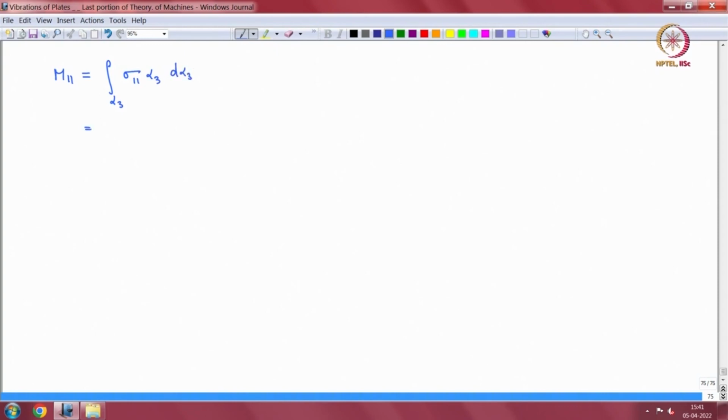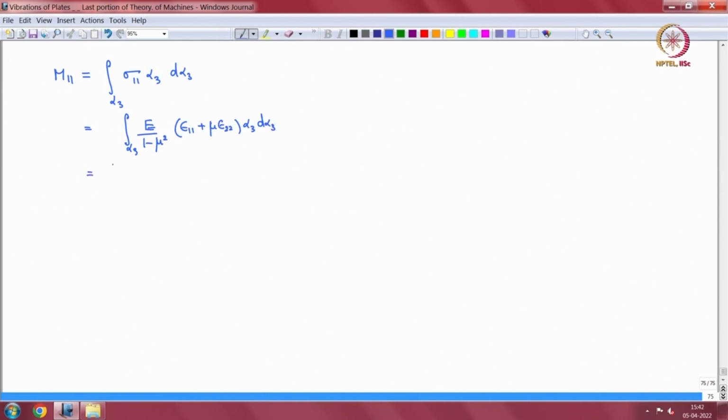Okay. So that gives me integral alpha 3 E over 1 minus mu squared, epsilon 1 plus mu epsilon 2, into alpha 3 d alpha 3.